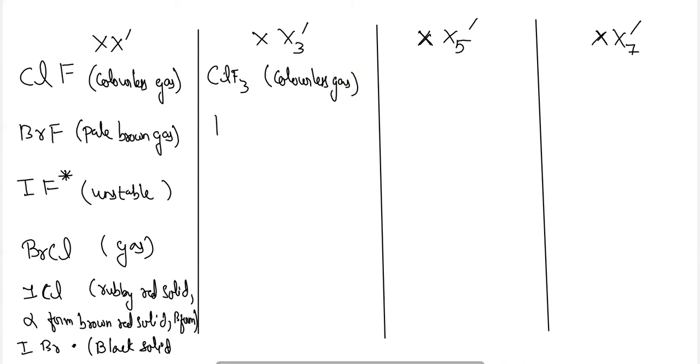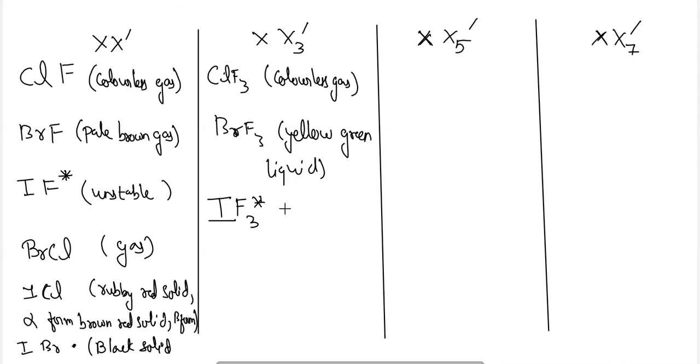Bromine trifluoride is a yellow green colored liquid. Then IF3 is also highly unstable, and it is a yellow colored powder. And the last is ICl3, an orange colored solid.